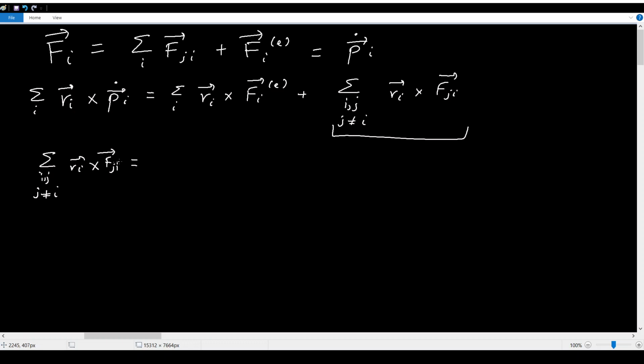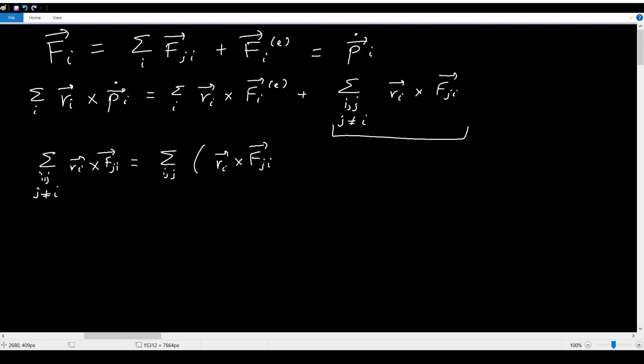So we make a very similar observation to the one that we made before. We have this quantity here, r_i cross F_ji, and I want to write the corresponding quantity here.